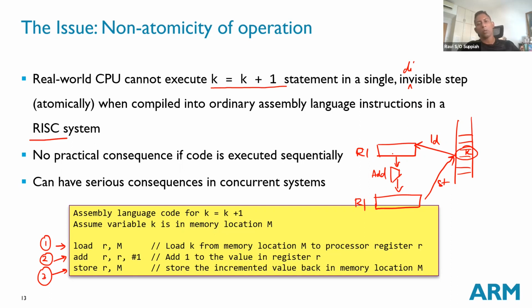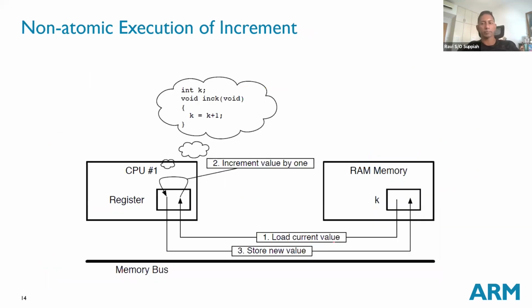That is where the challenges come in when you talk about a concurrent system. If this was a single threaded system, there is no major issue, because I know I will go in this sequence: 1, 2, 3, and so on. But in a concurrent system, there are issues. So let's see what happens.